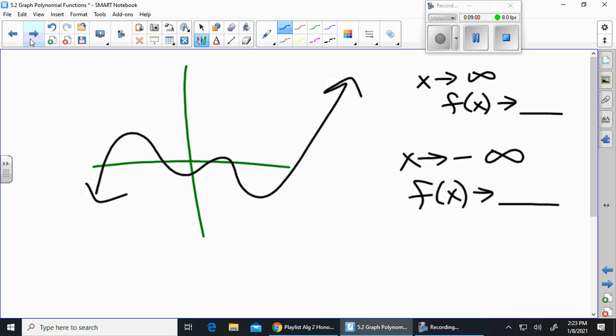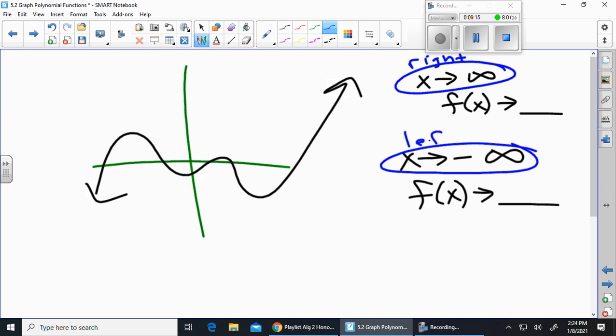Okay, so same thing here. If I give you a picture and say fill that in, you need to think this is right, this is left. To the right, where's your arrow going? It's going up. Up is infinity. To the left, where's your arrow going?